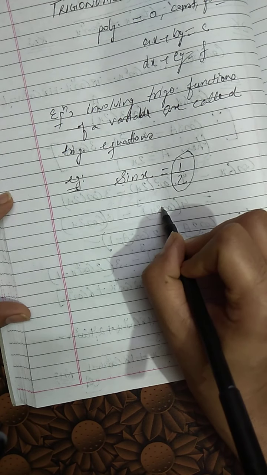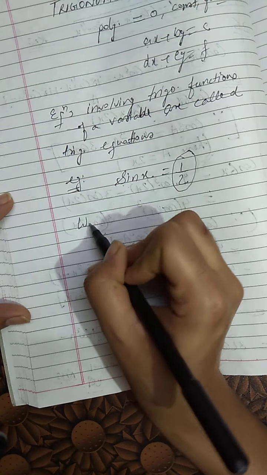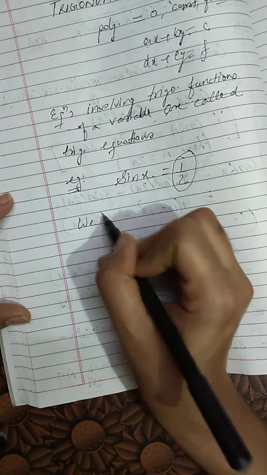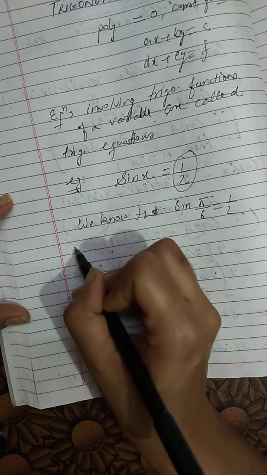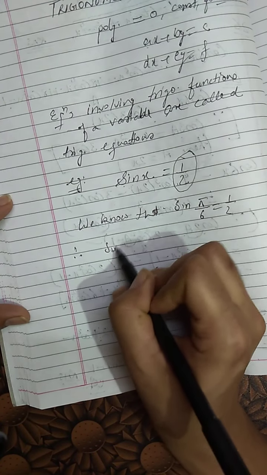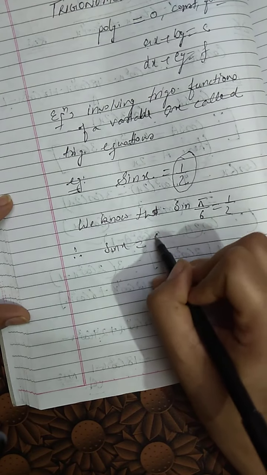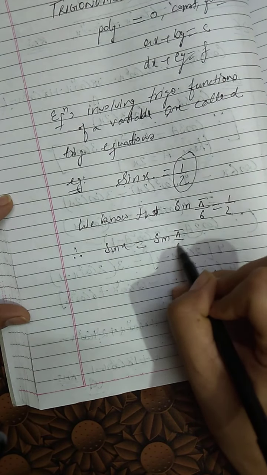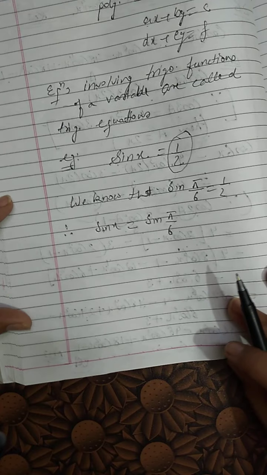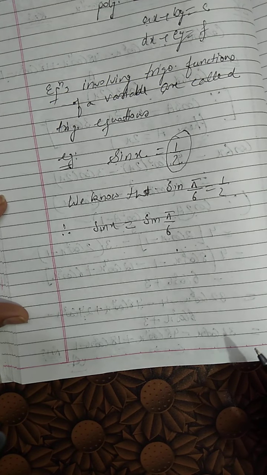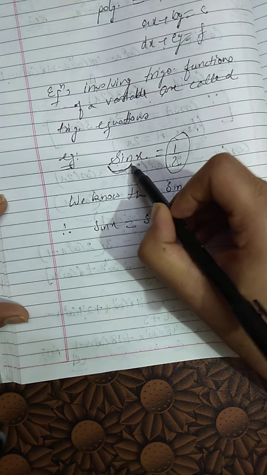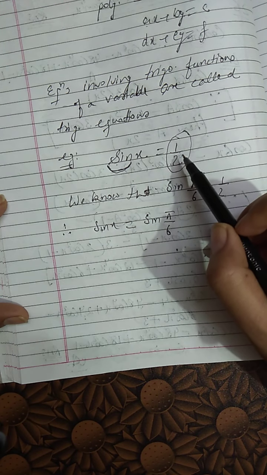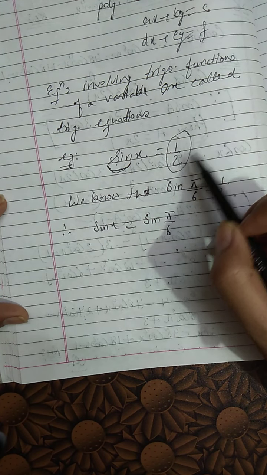So I will write down here, we know that sine pi by 6 is equal to 1 by 2. Therefore, sin x will be equal to sin pi by 6. Now one thing we have to take care of: whatever function is there in the left hand side, if it is sin x, the right hand side value I have to find in terms of sine only.